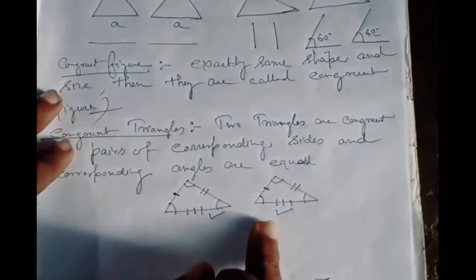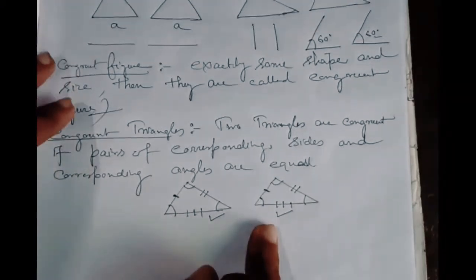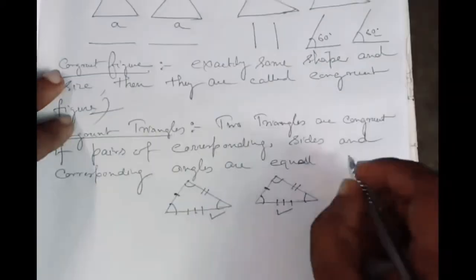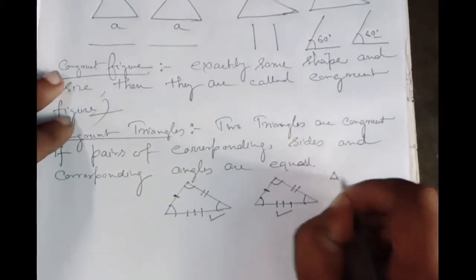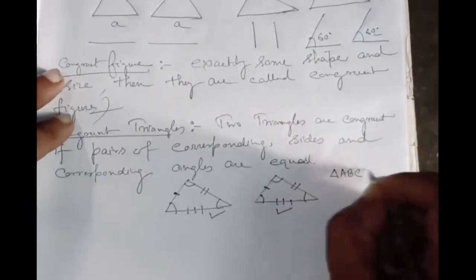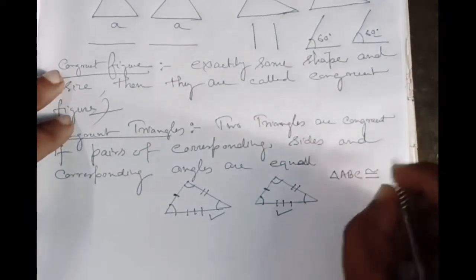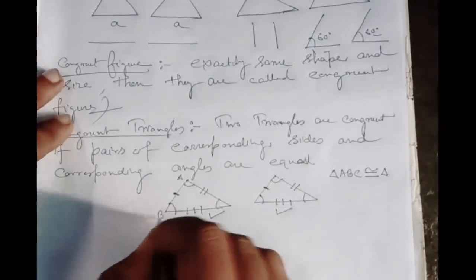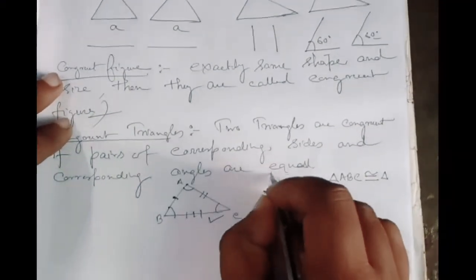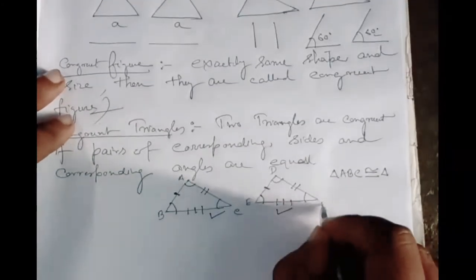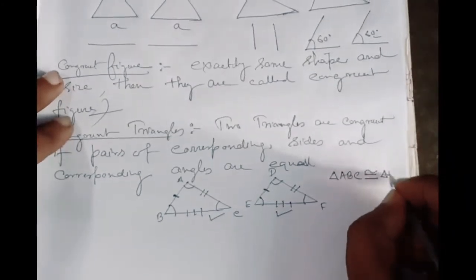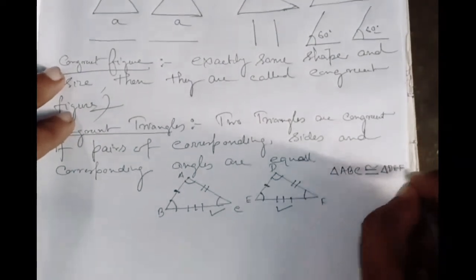Okay, and we can say that triangle ABC, this is the sign of congruence, is congruent to triangle DEF if we name it A, B, C, D, E, F. Okay.